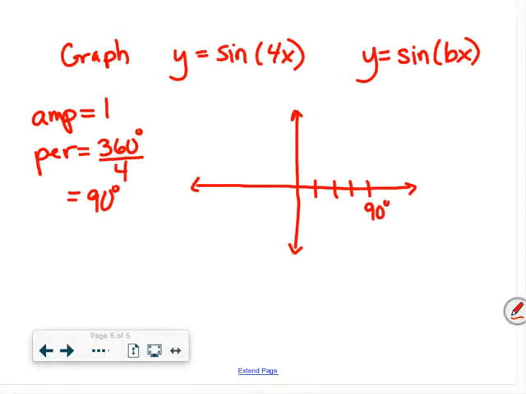Think about what's halfway, that's 45 degrees. Now stop and think about this. What is the first tick? What's half of 45 degrees? That's 22.5 degrees, so you do have some yucky decimal there. So sine starts at 0, goes up to 1, 0, negative 1, 0. And then I continue the pattern.